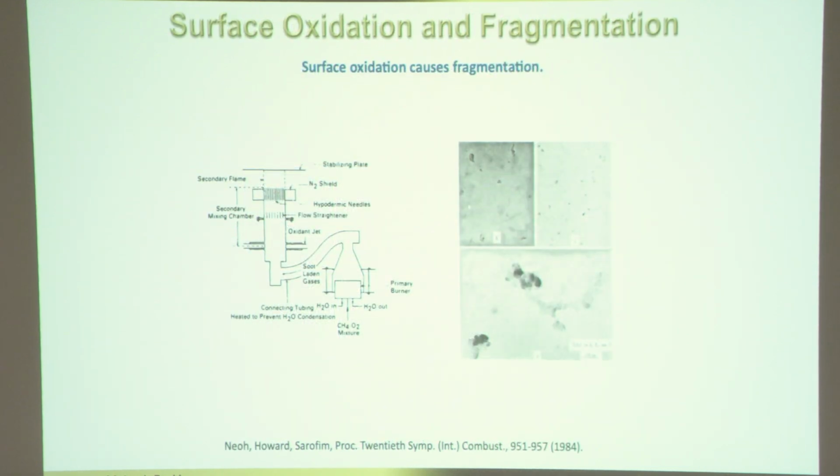Yeah, and this is an old study from 1984, and this is a study that indicated that you can also have oxidation that breaks your aggregates apart. So if you think about it, remember how you're holding your aggregate into primary particles by these graphene sheets that are going over the outside?